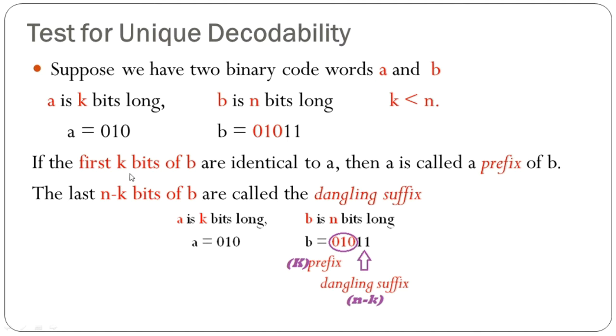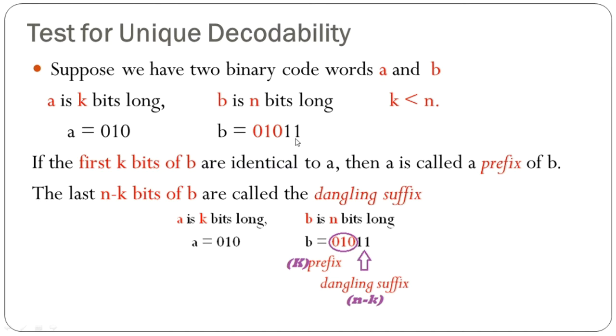If the first k bits of B are identical to A, such a code is called a prefix, or this 010 is called a prefix of B, because 010 is equivalent to A. The last n minus k bits, so n is 5 minus k is 3, comes out to be 2.